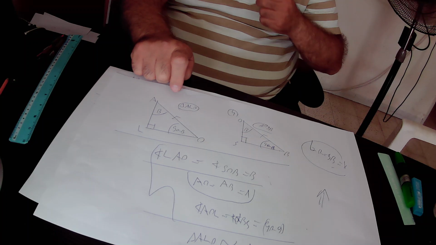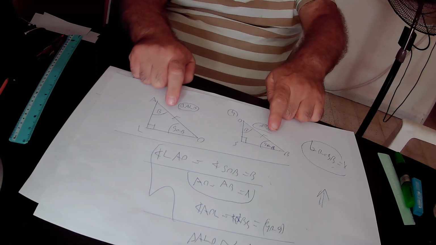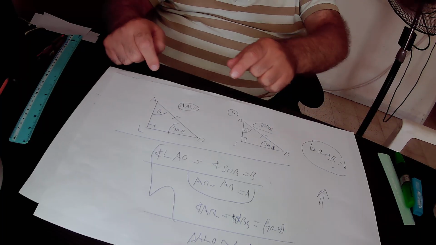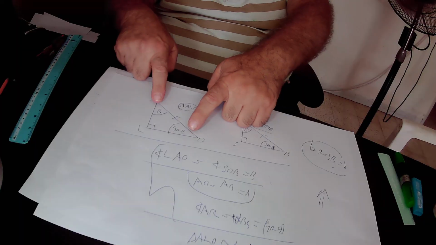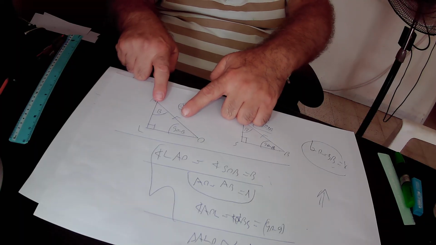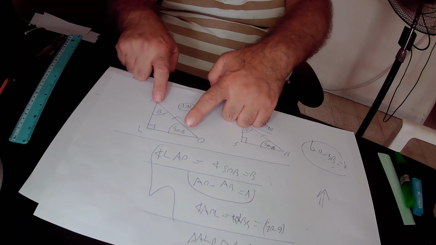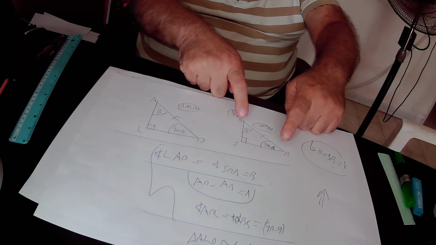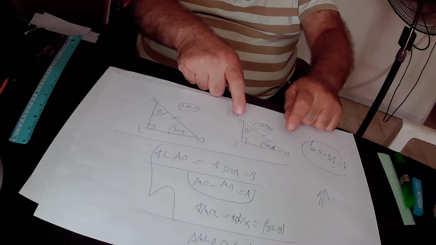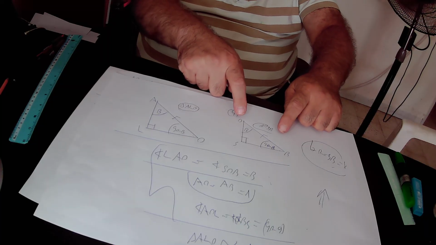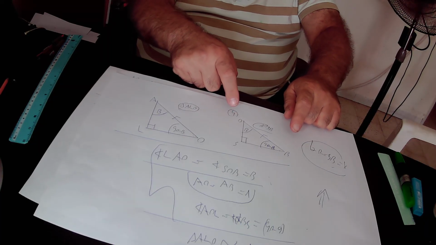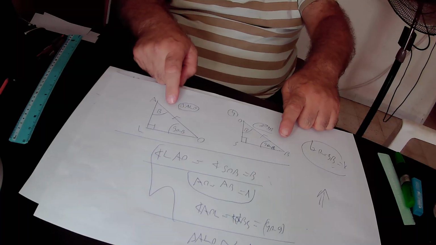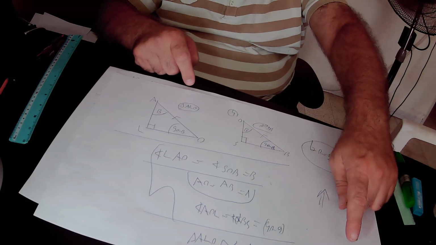So we prove that those two triangles are congruent according to the angle, side, angle rule. We have those two angles and the side that is included between those two angles, which is R in right triangle ALO and also R in right triangle OSB. Therefore those two right triangles are congruent according to the angle, side, angle rule.